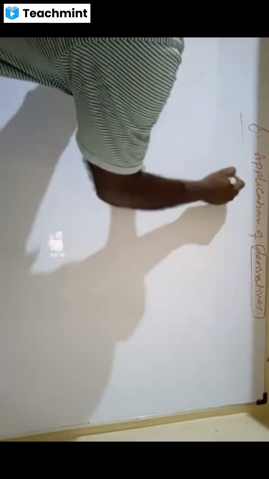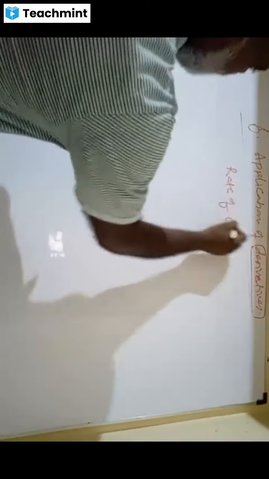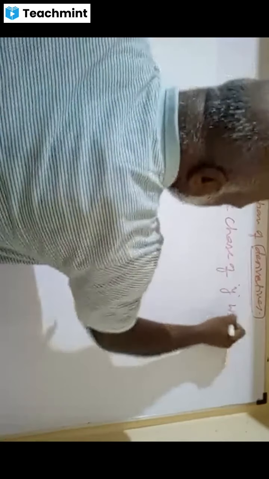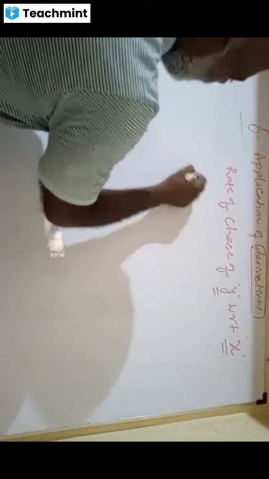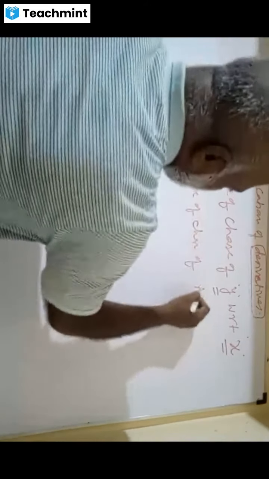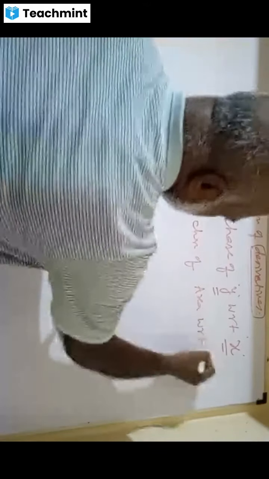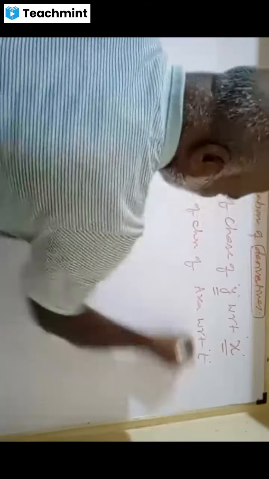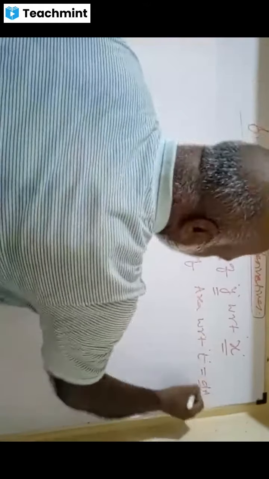6.1 is called rate of change of one quantity with respect to another quantity. In this, y and x are not fixed. I can say a rate of change of area with respect to time t, then I will write this as dA by dt.